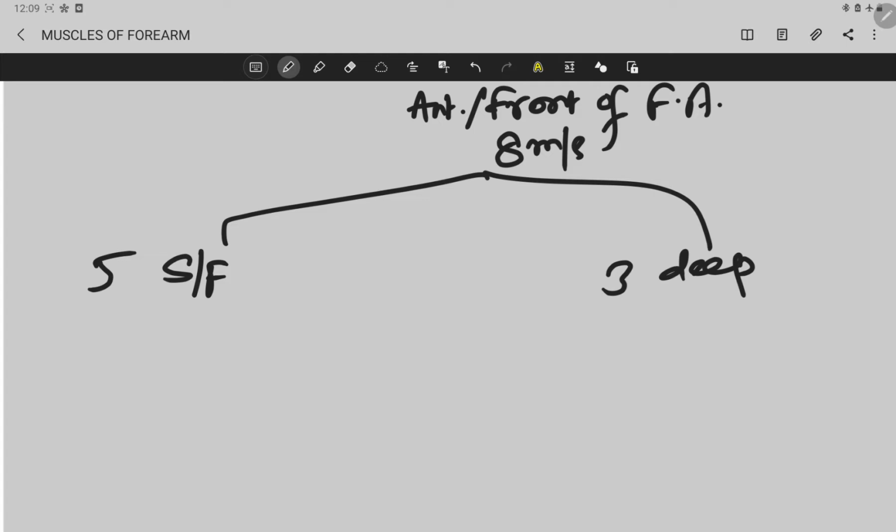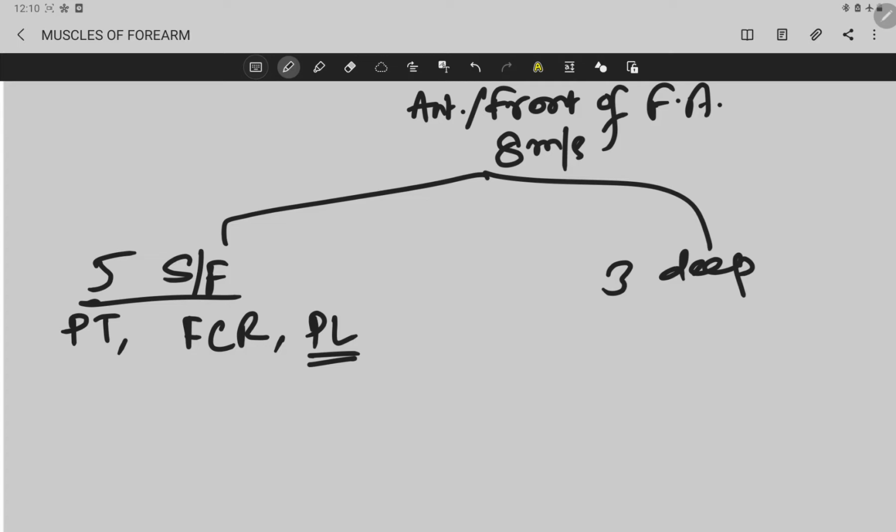When I am talking about the five superficial muscles, from lateral to medial: most lateral, pronator teres. Then flexor carpi radialis. Then palmaris longus, which has a short belly and a long tendon, forming the palmar aponeurosis at the palm region.